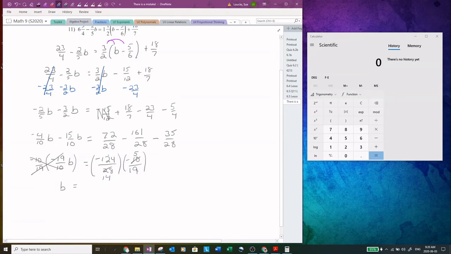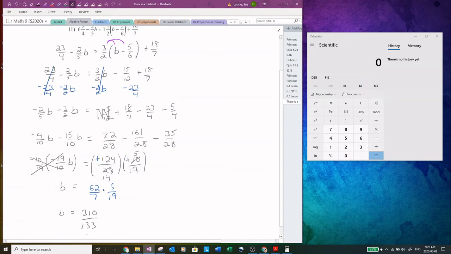Nope. So I can divide them by 2. 124 divided by 2 is 62. My negatives are going to cancel. So this is 62 over 7 times 5 over 19. So I get b equals, 62 times 5 is 310, and 7 times 19 is 133.